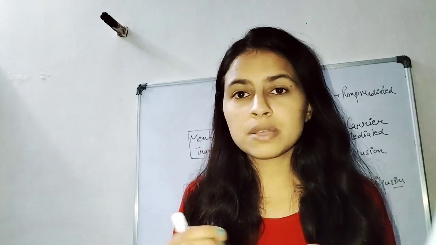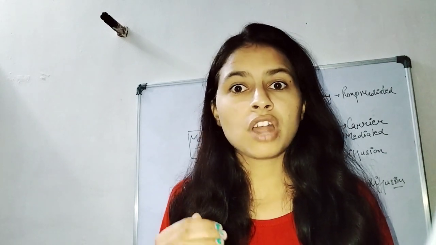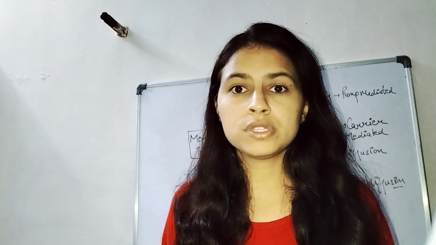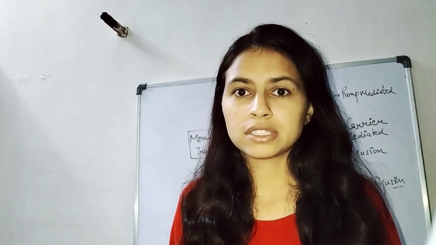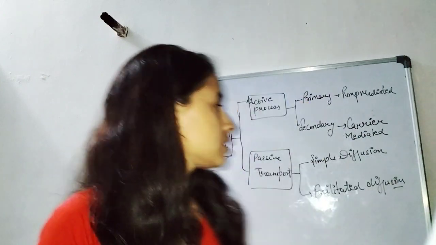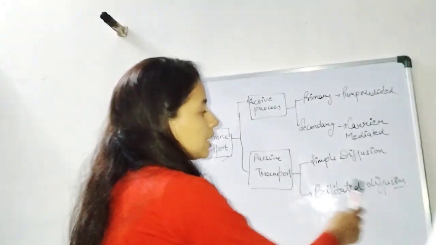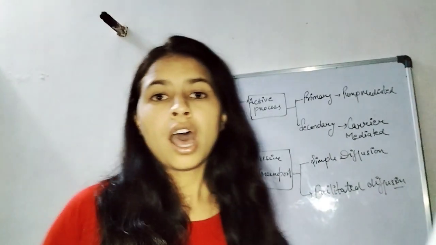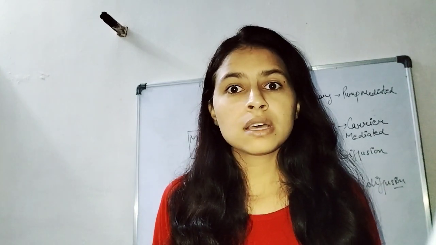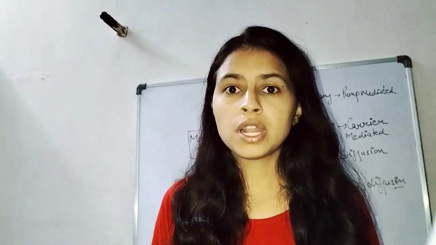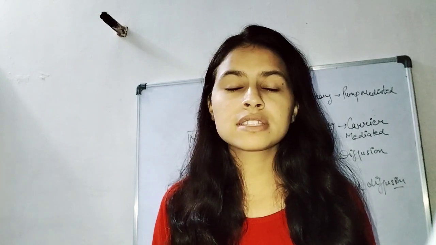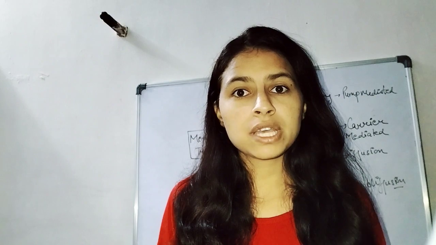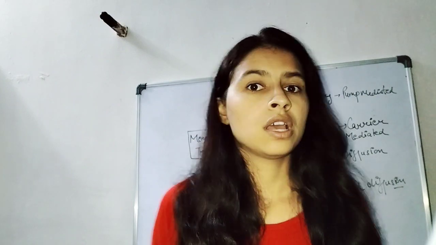So guys, during simple diffusion, we transport the ions or molecules along the lipid matrix. Then the second one is facilitated diffusion. Here I explained that facilitated diffusion is somewhat similar to simple diffusion, but here they require some carriers or channels for transport of some specific ions or molecules.